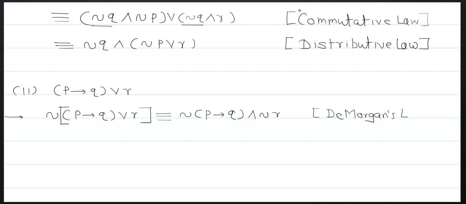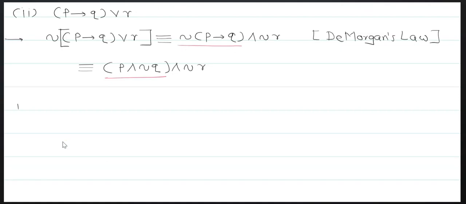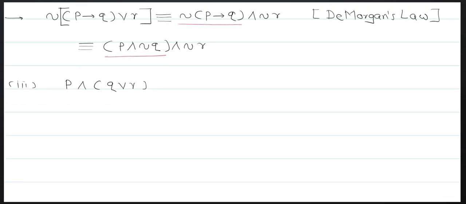Both of them will get negation sign, or will become and. Now next is negation of P implies Q, which is P and negation Q, and negation of R. And that is the proof.